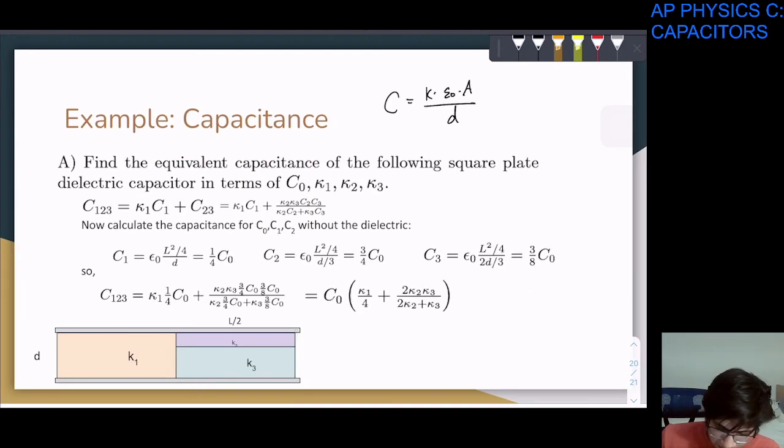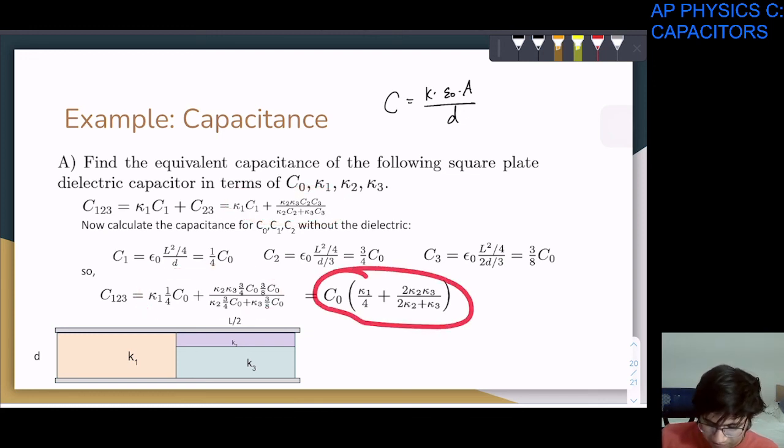The third one is the same thing, but the distance is 2D over 3. So you end up getting this, this, and this. And just remember, C0 is epsilon 0 times L squared over D, the capacitor here. So if we substitute all of these into our expression, we end up getting this mess, which is then equal to this over here.